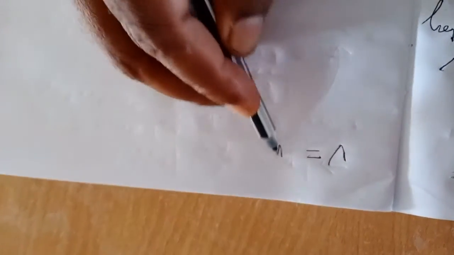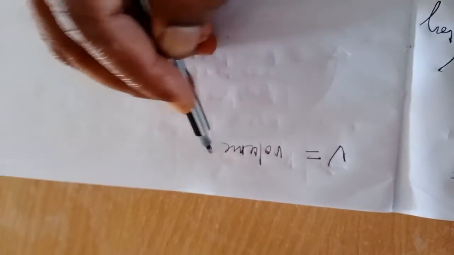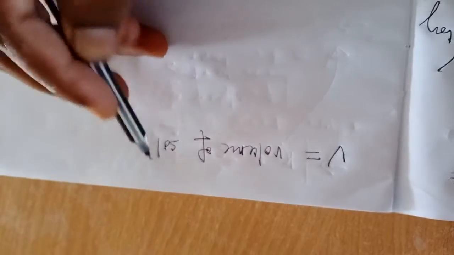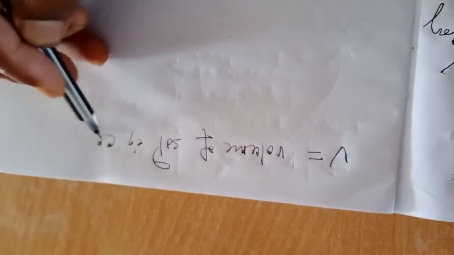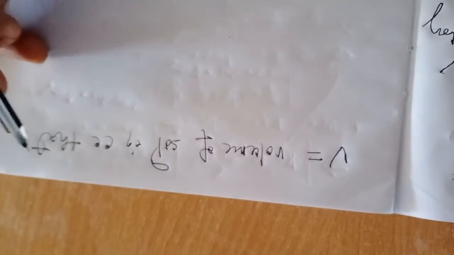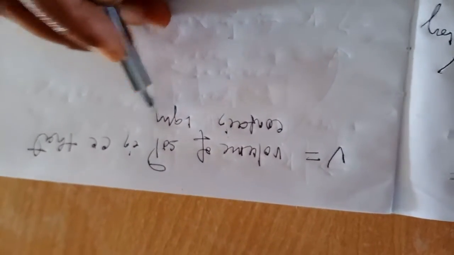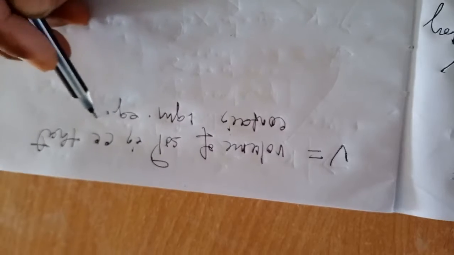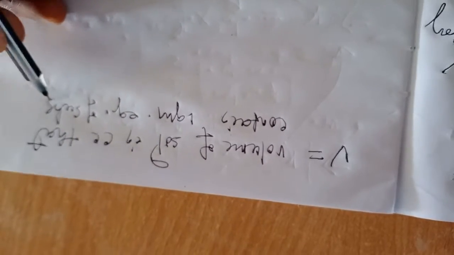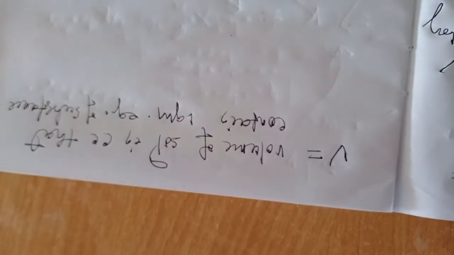That is, V equals volume of solution in cc that contains 1 gram equivalent of substance.